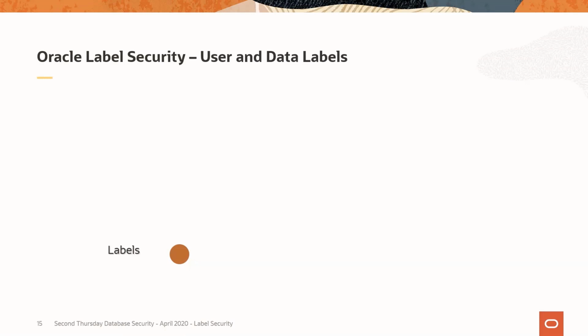And so we're going to focus on Label Security, and it's a very unique feature, a product, in that it works with these things called labels, and we'll talk about labels. So what is a label? Well, a label can be like confidential or sensitive. If you've seen movies, or if you've been involved in military intelligence, it's just like top secret or confidential labels that can be assigned to a user.